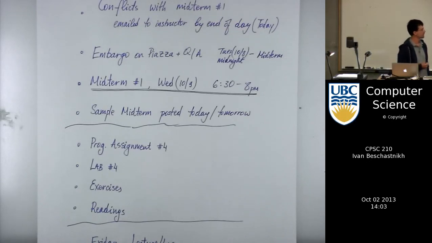Just to review where we were last time, and then what we're going to cover today. Here's the outline for this section of the course. We talked a lot about type hierarchies, right? Subtypes and supertypes, and what it means to be a subtype, and when it is legal to make a type conversion between one and the other.